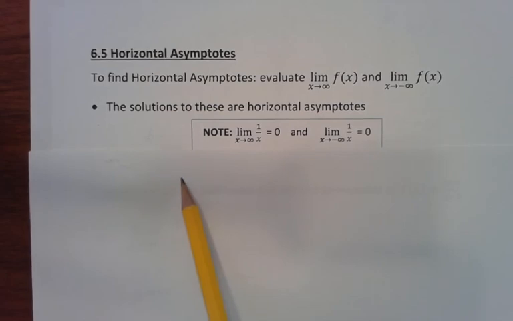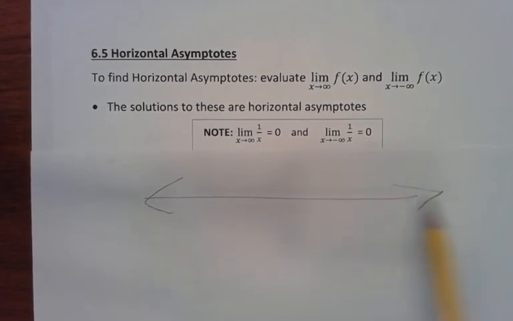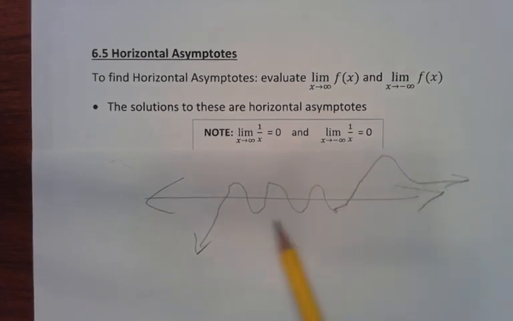So horizontal asymptotes are a little bit different than vertical asymptotes. You actually can cross through a horizontal asymptote in the middle or center of the function. But when we get to the infinities, it evens out and doesn't cross the asymptote.